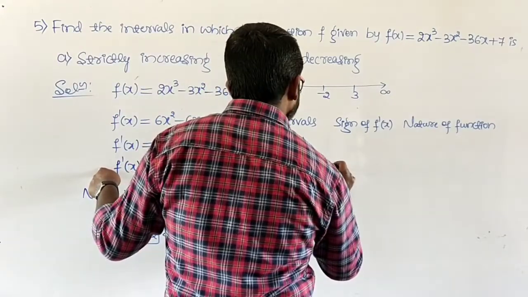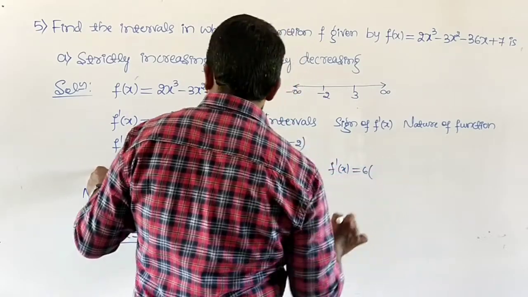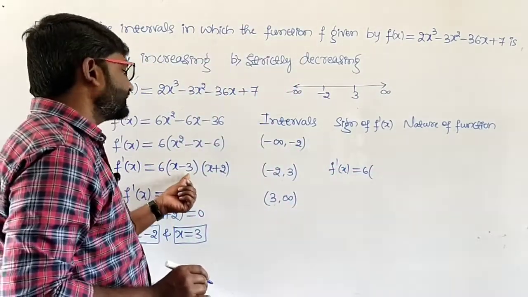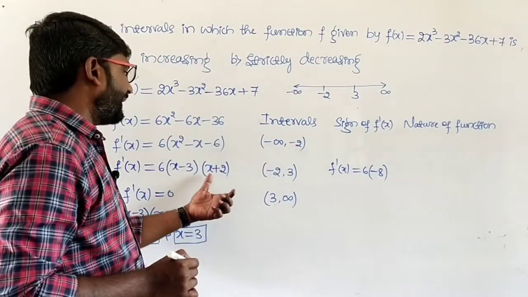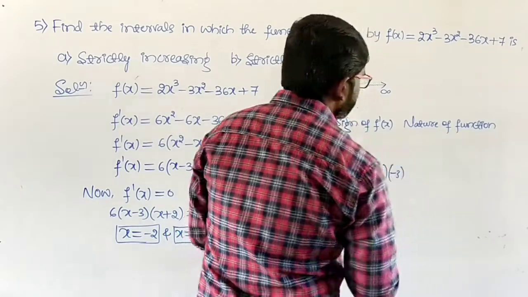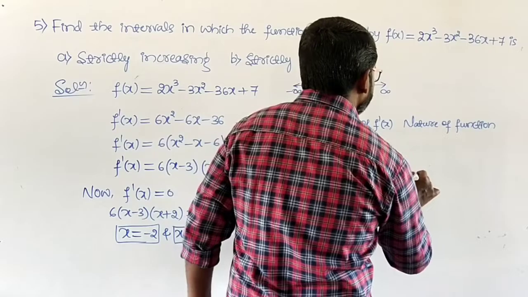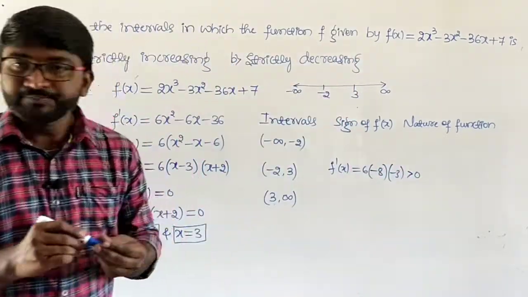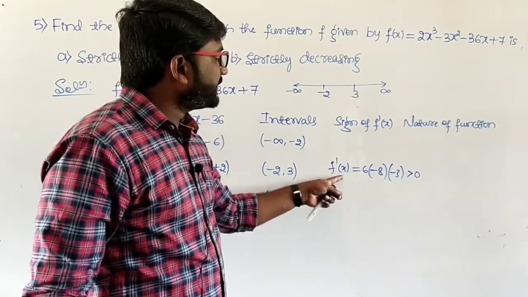So what do we get? f dash of x equals 6 into minus 5 minus 3, which is minus 8, and then minus 5 plus 2, which is minus 3. So minus into minus will be plus. If you multiply these three numbers, it is going to be greater than 0. So in the interval minus infinity comma minus 2, we get f dash of x greater than 0.